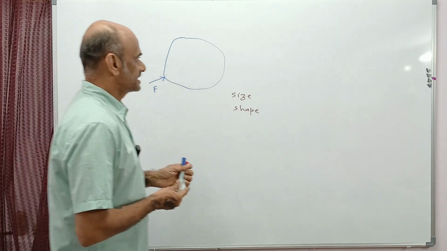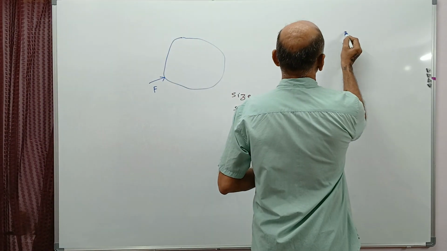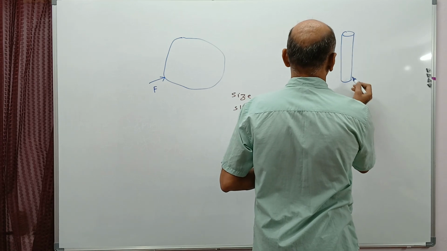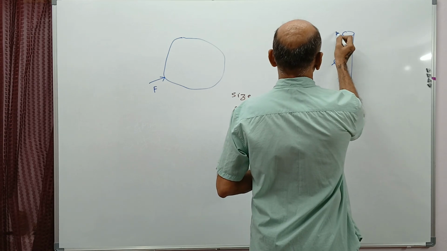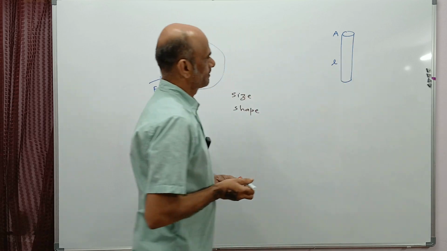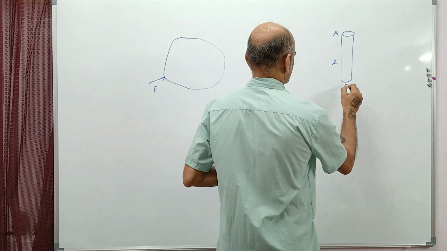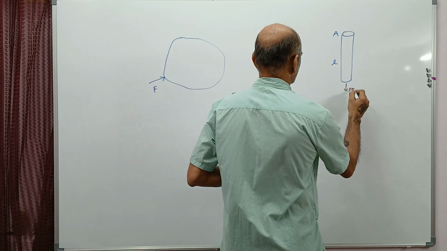Now let us consider a special case of a thin rod of length L and cross-section area A. Let us consider this type of a force, equal force on both the ends.